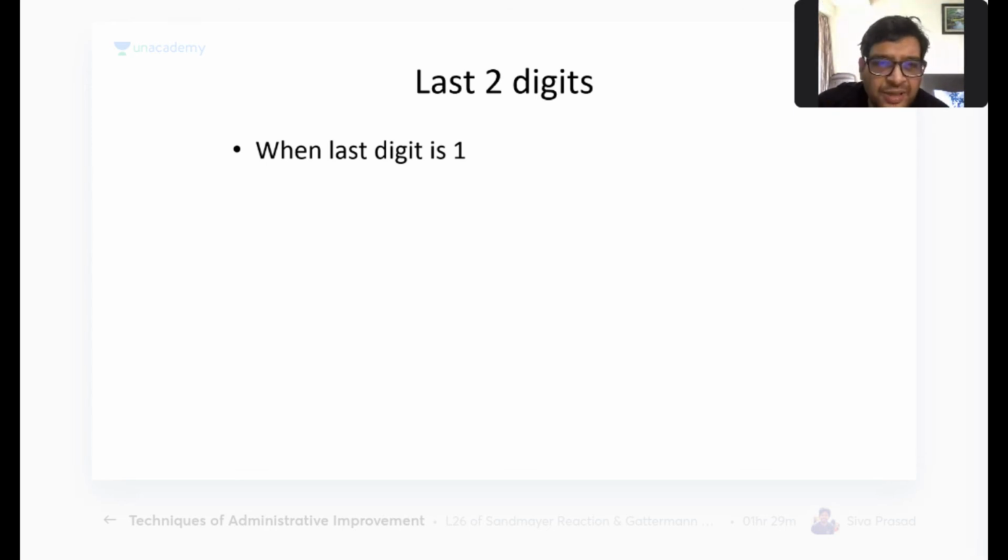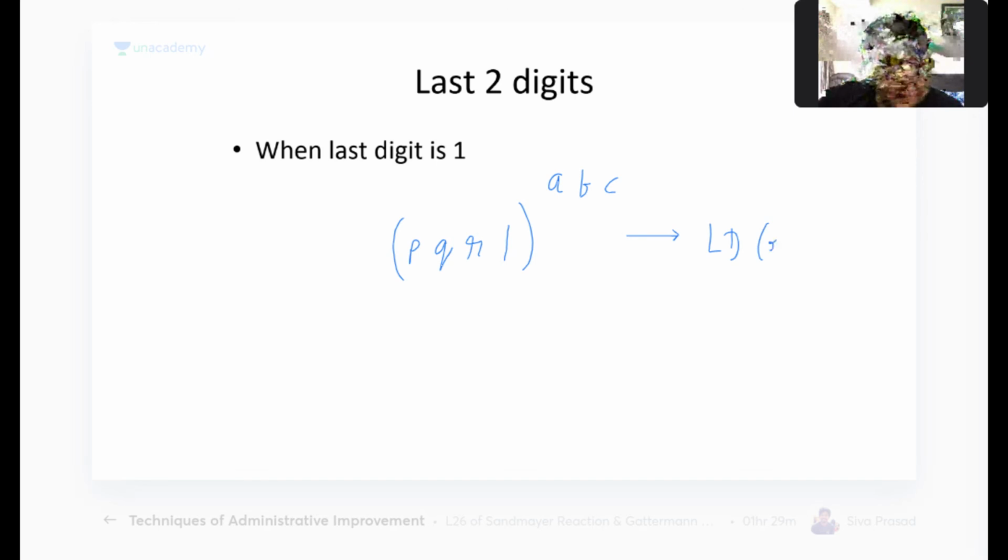In this case, whatever is the number, suppose your number which is given to you is P, Q, R ending in 1 raised to the power of A, B, C, then your answer is going to be last digit of R into C, pick this, and last digit of R into C will be the second last digit, and the last digit, as I hope you know, if it is 1, it will always end in 1.